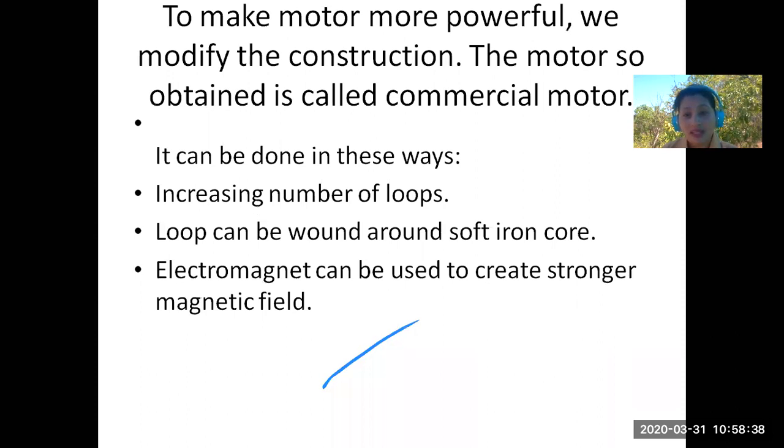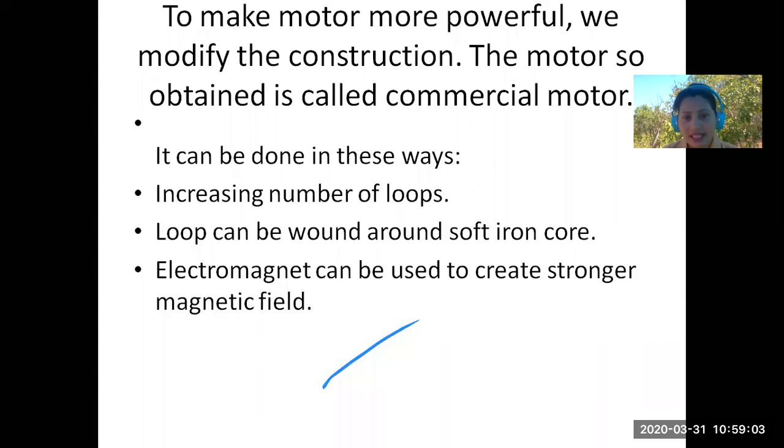So how to make the motor powerful? This was not covered in my previous session; this is an extension of that. It can be done in these ways: increasing the number of loops. A loop I have already explained, that is a winding around a substance.